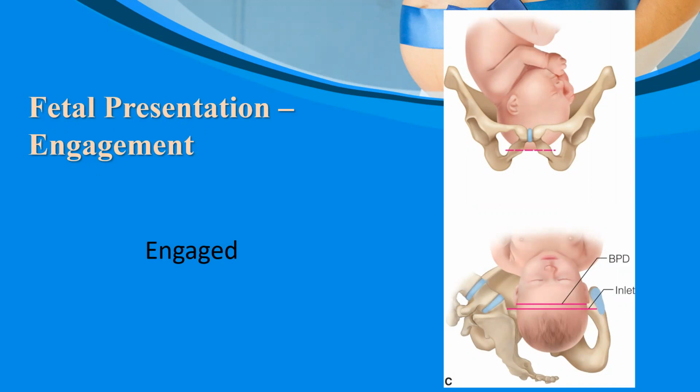Engaged means the biparietal diameter of the fetal head is in the inlet of the pelvis. In most instances, the presenting part, which is the occiput, is at the level of the ischial spines, which is 0 station. That is engaged.